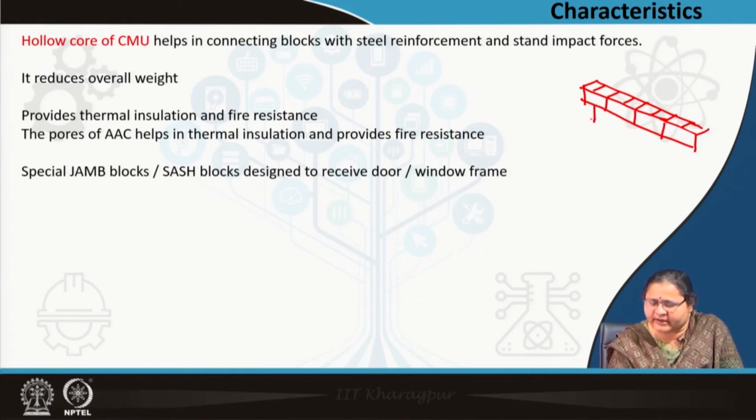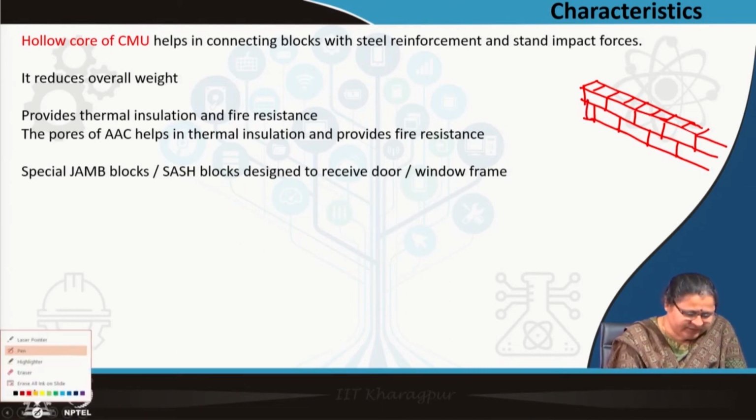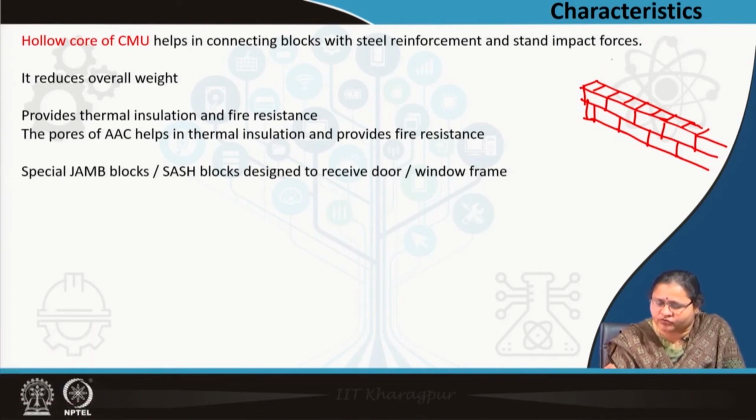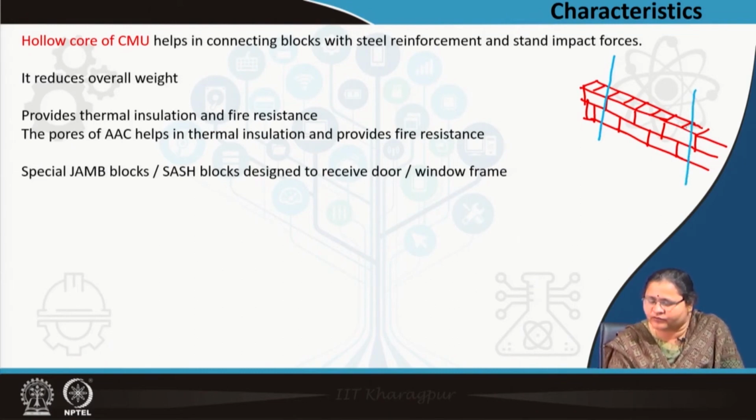You can have continuous walls, vertical lines also, unlike brick, and you can actually push a rod through and through at intervals, and then you fill it with concrete.